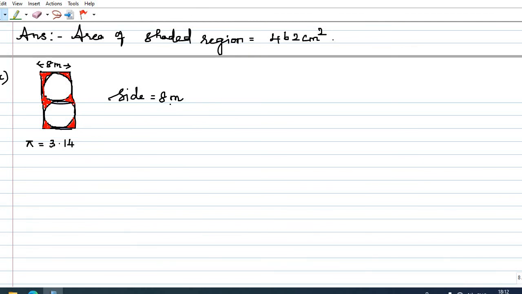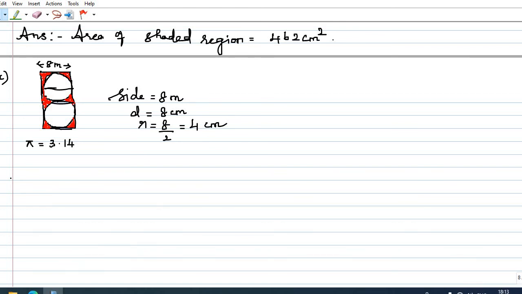And side 8 meter means the diameter is 8 meter. So now I am going to find out the radius. 8 by 2 is 4. So the radius is 4 centimeter.